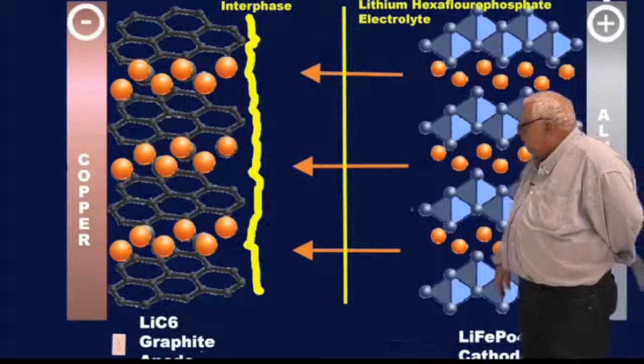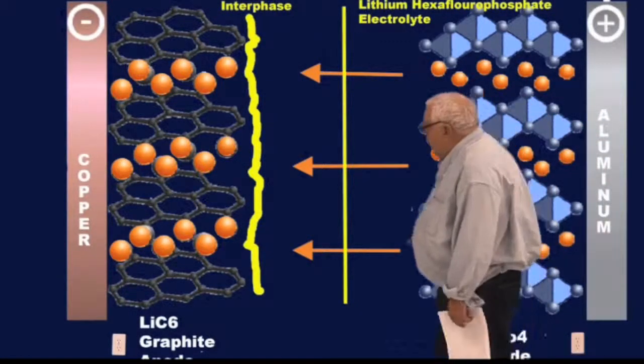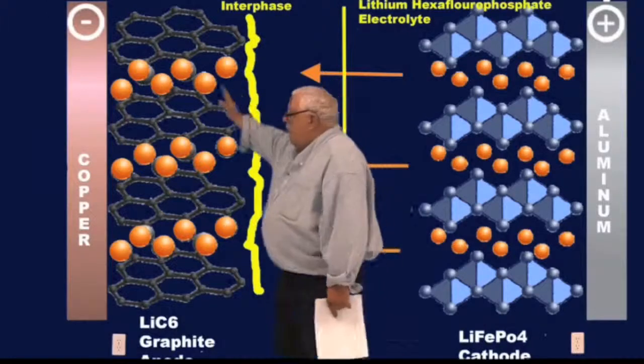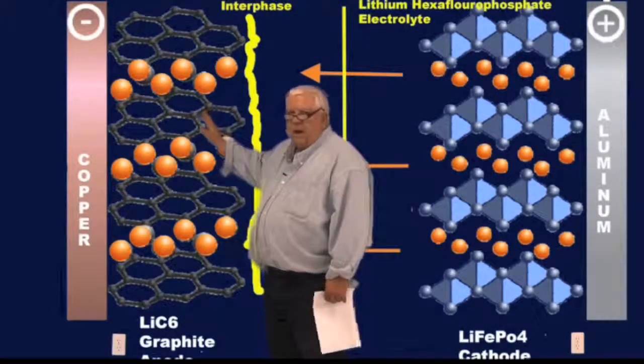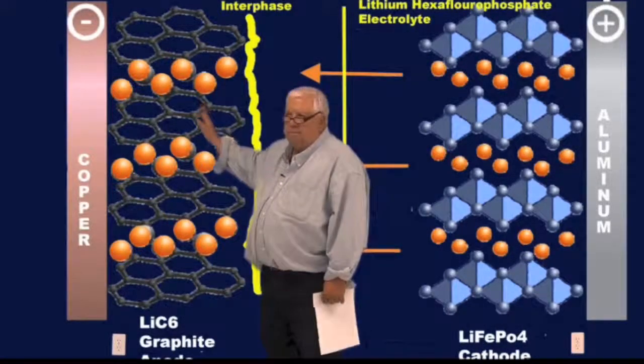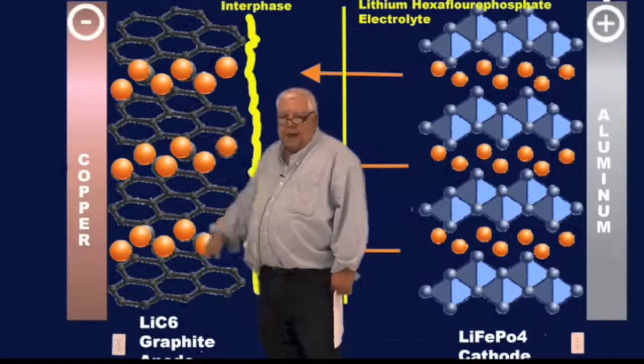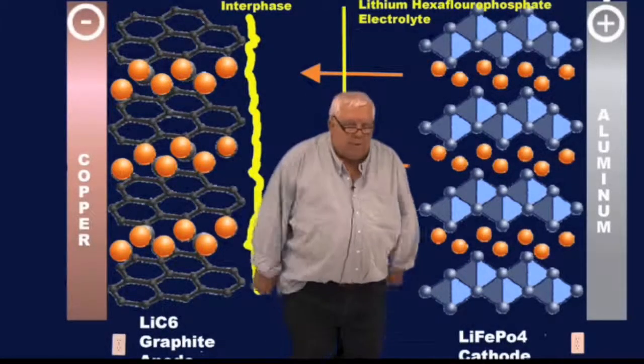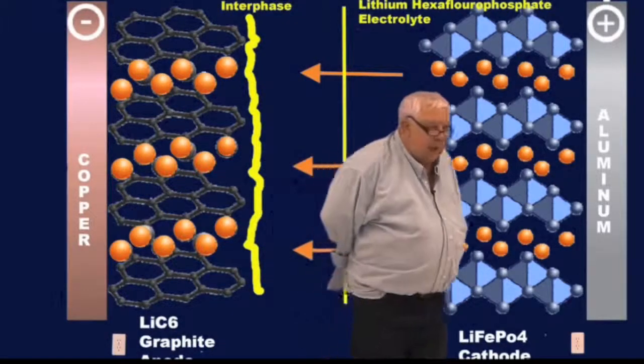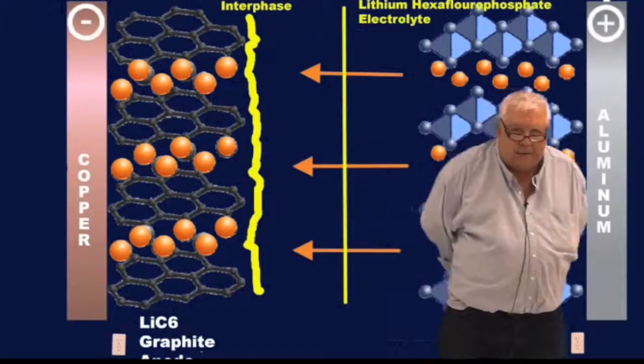And they form a thin skin, a kind of vinyl covering or rubber coating on our carbon anode. And we call this the solid electrolyte interphase layer.